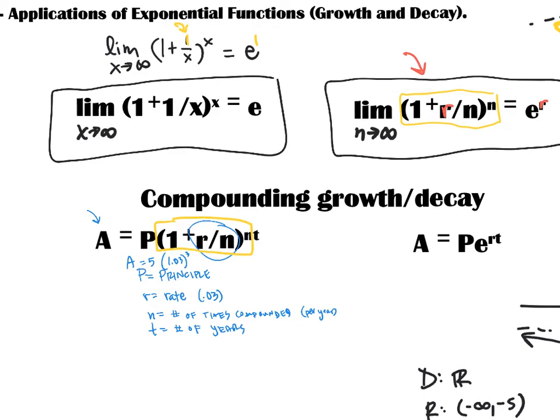No, that's happening all the time. Therefore, this is the model used for continuous growth and decay, whereas this formula here is for quarterly, annually, semi-annually, whatever. It happens a finite number of times. It's compounded a countable number of times per year or per unit of time.